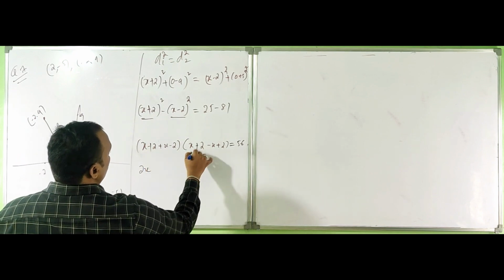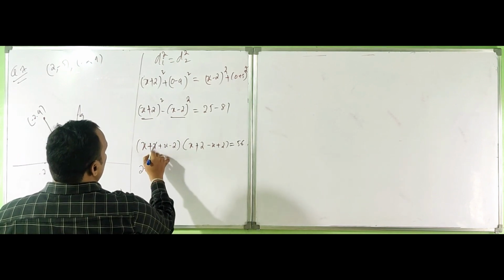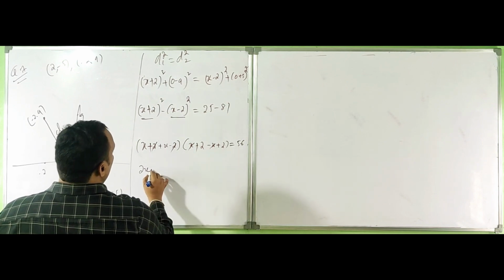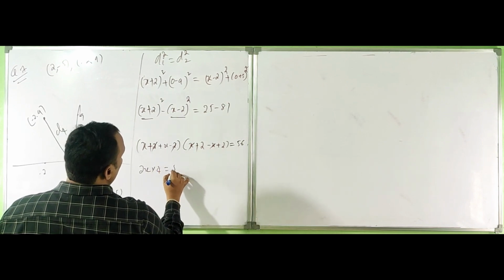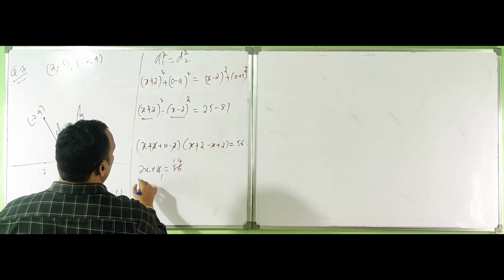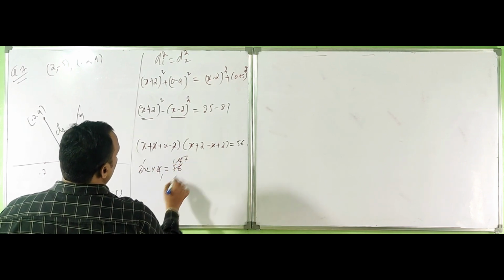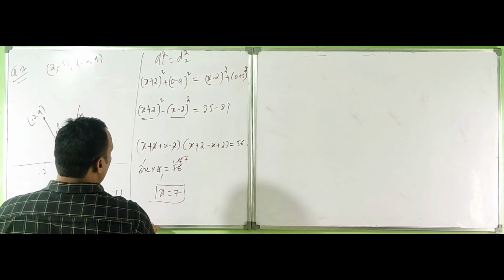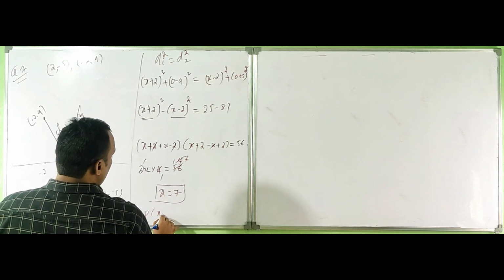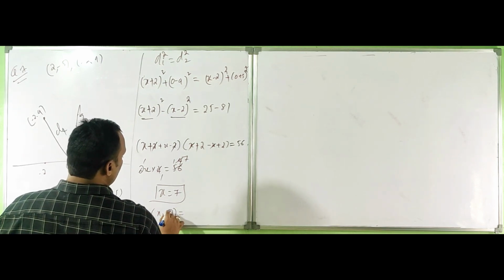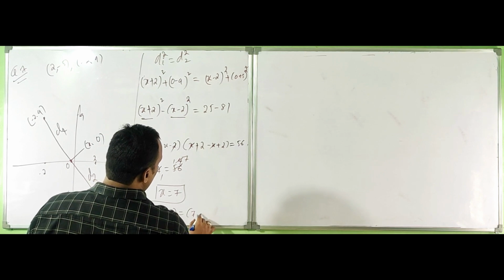The plus 2 cancels, and the x terms become 4x is equal to 56. So 4 sevens are 28, x is equal to 7. Therefore, the point (x, y) is equal to (x, 0) is equal to (7, 0).